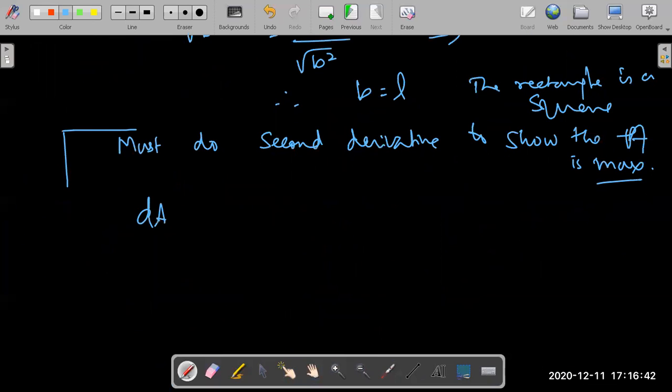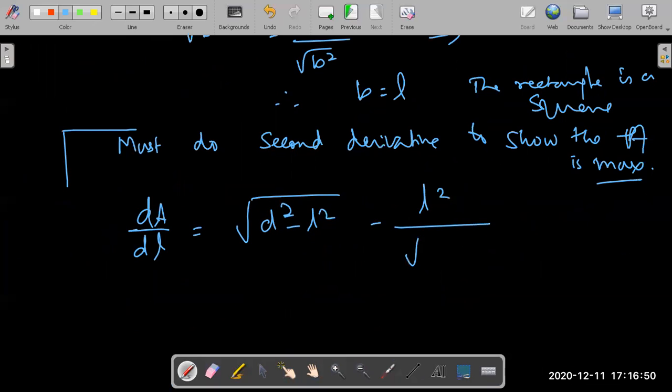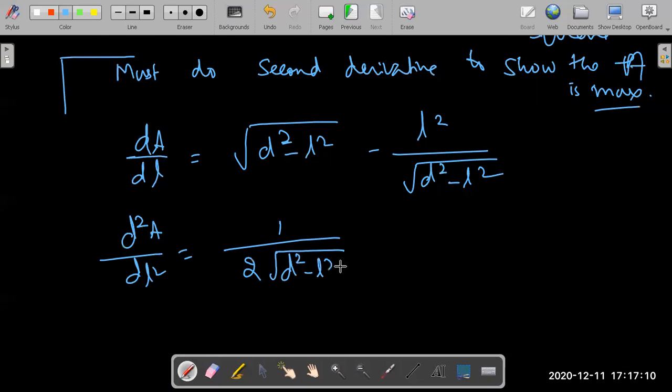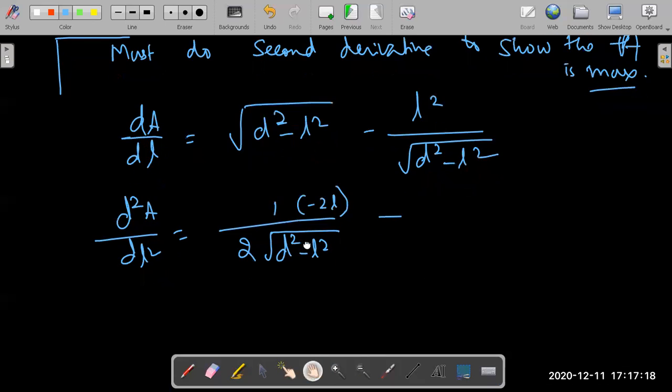So dA by dL equals square root of d square minus L square minus L square divided by square root of d square minus L square. Now I should definitely show that when I differentiate this, I get a negative value. So d square A by dL square is equal to 1 by 2 root d square minus L square into minus 2L, that is for this. And for this it is the u by v rule, quotient rule.